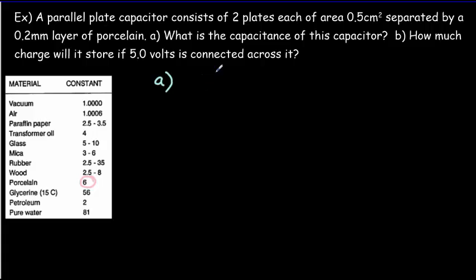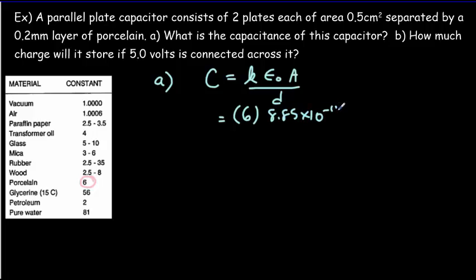Part A, for a parallel plate capacitor, that capacitance is given by the dielectric constant times the permittivity of free space times the area of the plates divided by the distance between the plates. So this is porcelain. So we have a dielectric constant of 6, permittivity of free space just a constant 8.85 times 10 to the minus 12.